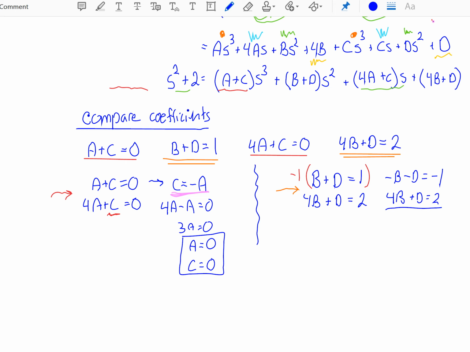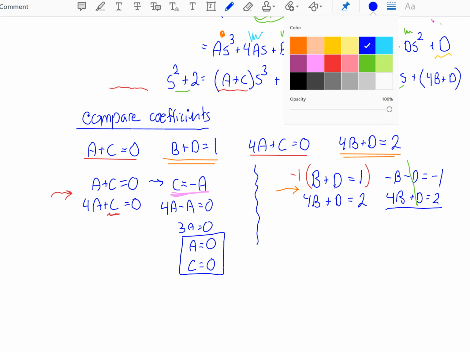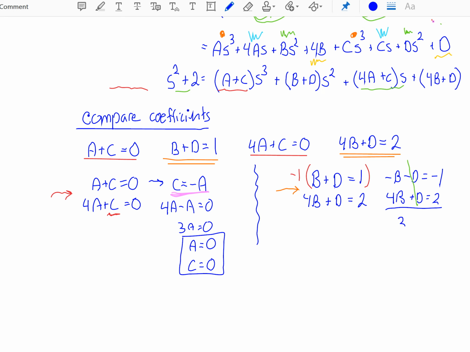So that if we add our two equations together, the d terms will cancel, and we'll get 3b equals 1, or that b has to equal 1/3.